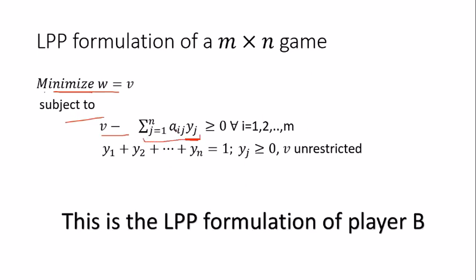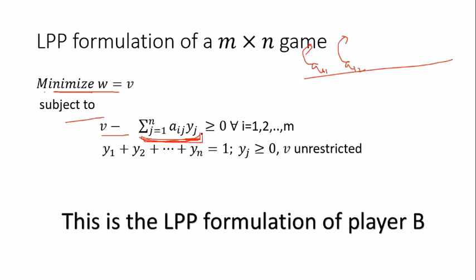So this is like a11 y1, a12 y2. You remember the matrix entries: this is a11, and this is a12. This is how they are multiplied: a11 into y1, where the y's are the probabilities, a12 into y2, and so on. Then you add all of them. So they are your maximum payoffs.